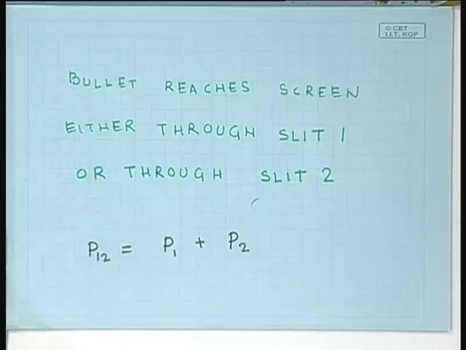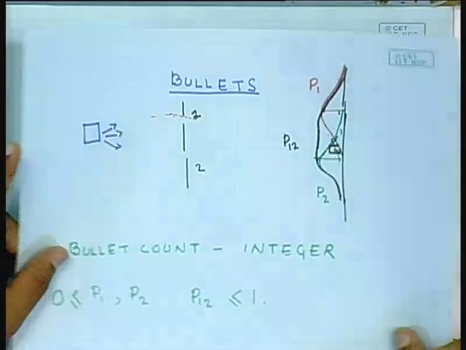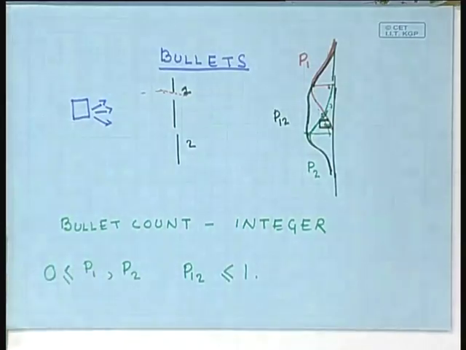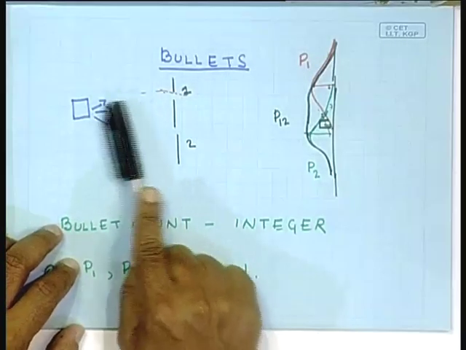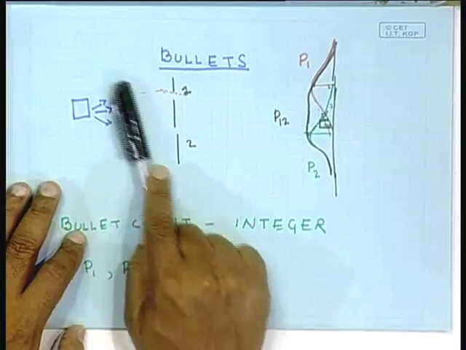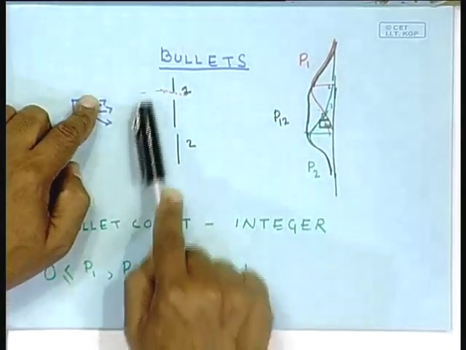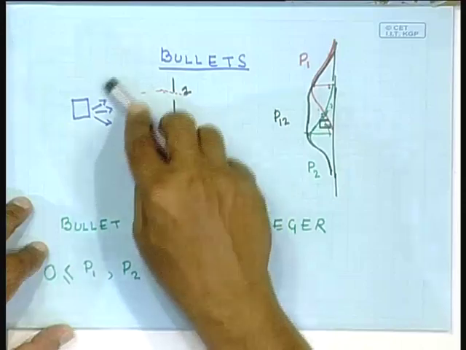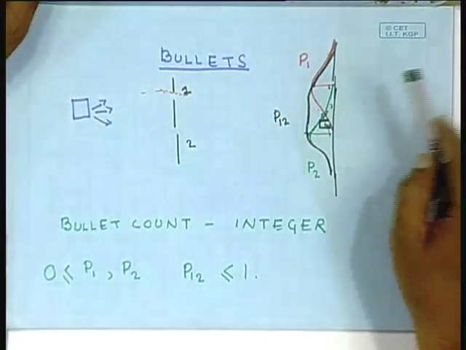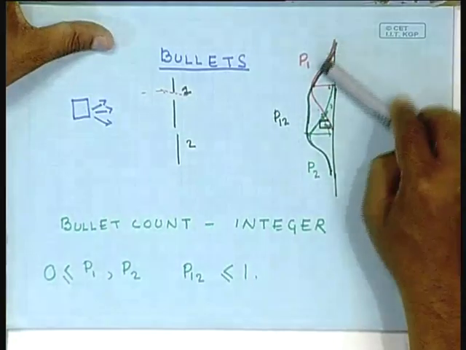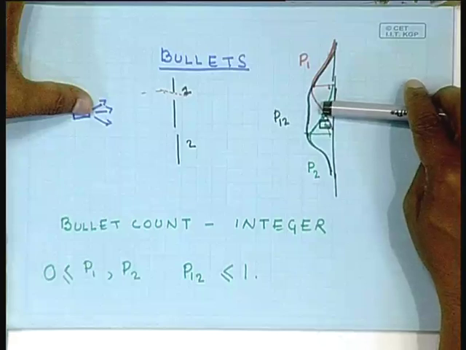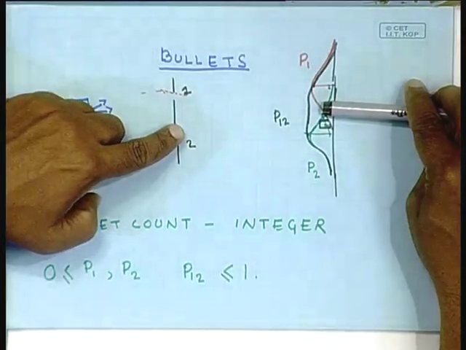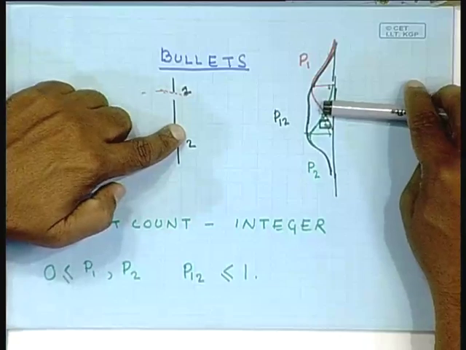So, let me recapitulate here what we expect when we do this experiment with bullets. When we do an experiment where we send out bullets more or less uniformly in the forward direction, over this range of angle, and we ask the question, what is the probability that the bullet reaches a particular point, we can close one slit and calculate the probability, that will give me P1.